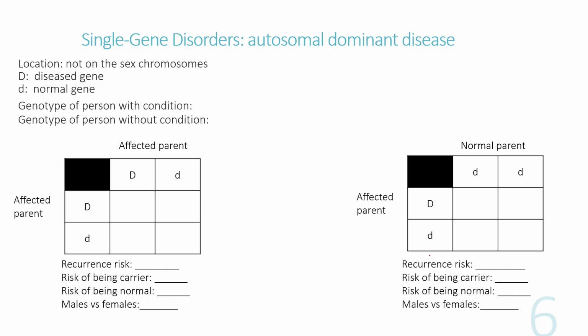All right, so we are going to start talking about different types of disorders. The first type of disorder are single gene disorders. So these are conditions that are indicated by just one single gene, right? And over here, you've got a dominant disease. So it only takes one from one affected parent. And autosomal means it's not sex-linked, right?